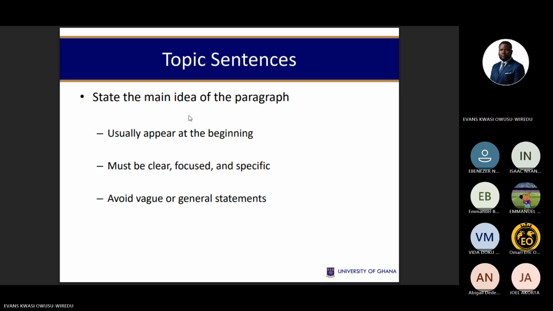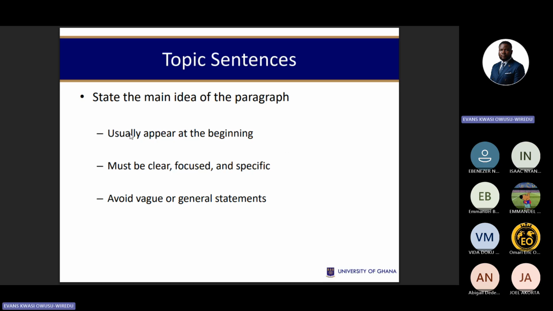The topic sentence is the main idea of the paragraph, and it usually appears in the beginning. If you focus on this particular slide, it says it usually appears in the beginning. But sometimes the topic sentence will be at the back, or it will even be the last statement in the paragraph.